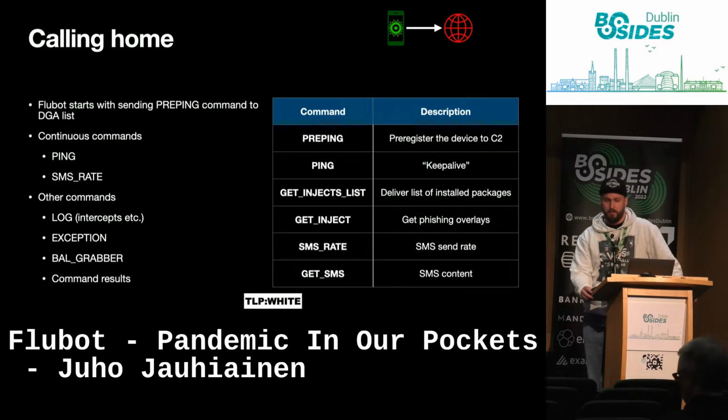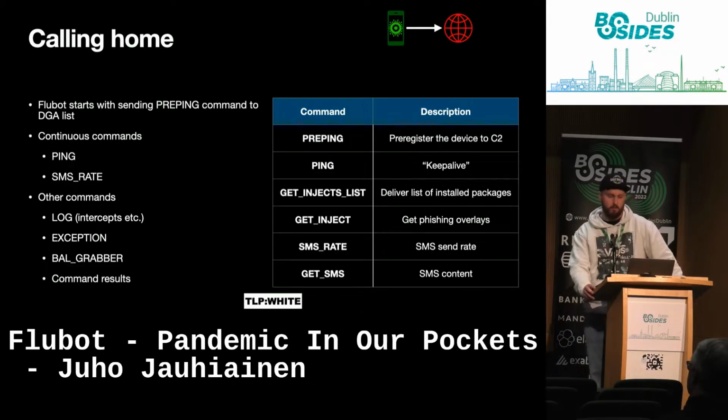Because the DGA generates over 2,000 domains, they are really agile, moving from one location to another. So when tracking Flubot, the C2 infra might change every day.